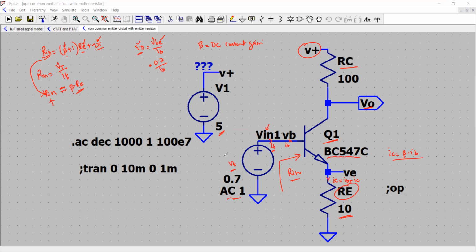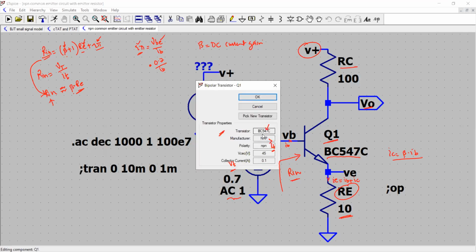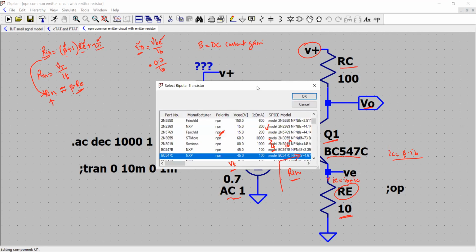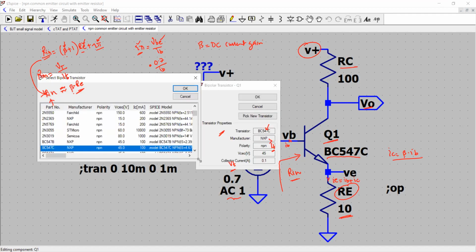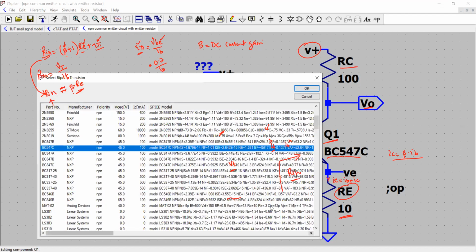But we have used the practical part, so let us see what the value of beta is here. We have chosen BC547. We'll click here and see what the value of beta is for this particular transistor. So right here, the beta factor is 458.7.